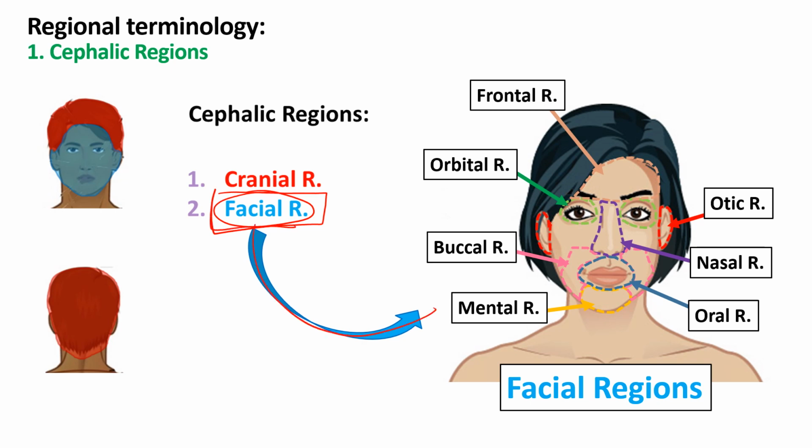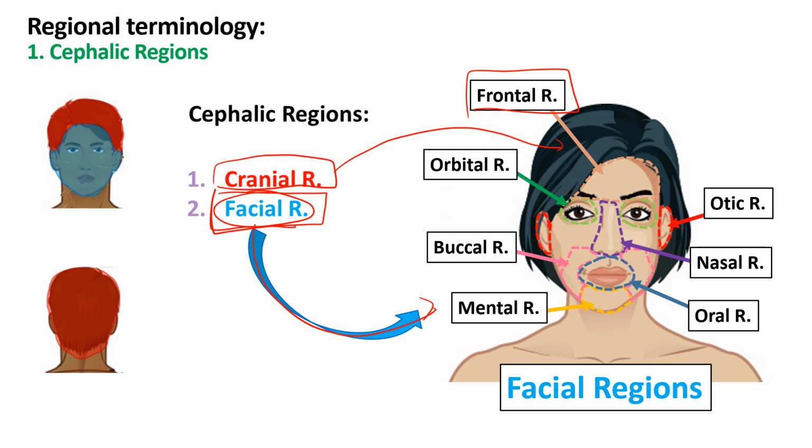These subdivisions of the facial region are the next ones here. So we have a frontal region. Now, you might ask yourself, well, you just said that the cranial region has a frontal region, and that is true. This frontal region is shared with the facial. So this portion is the frontal region of the cranial region, and this one here is the frontal region of the facial region.